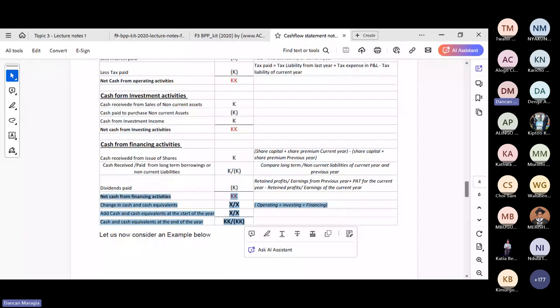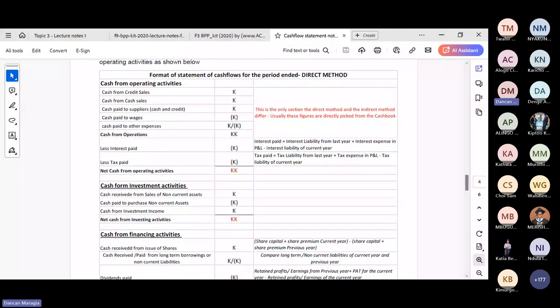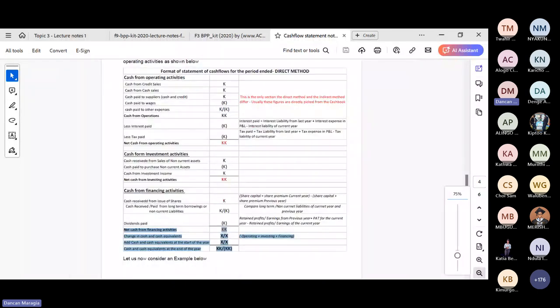So generally, let's consider this illustration with an example. The direct method is usually not very problematic, as you are going to see.